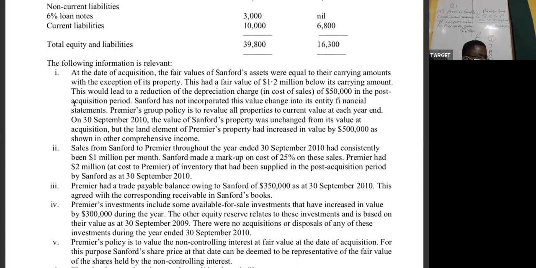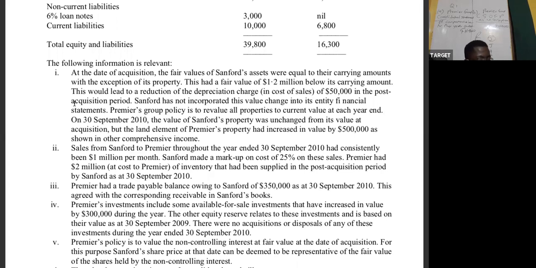This had a fair value of 1.2 million below its carrying amount, below meaning a fair value loss. So you subtract. This will lead to a reduction of a depreciation charge to cost of sales of 50,000 in the post-acquisition period. This examiner is very good, giving us the post-acquisition changes in the depreciation.